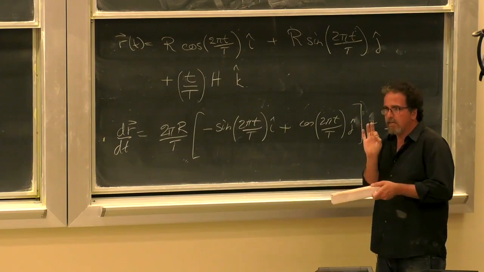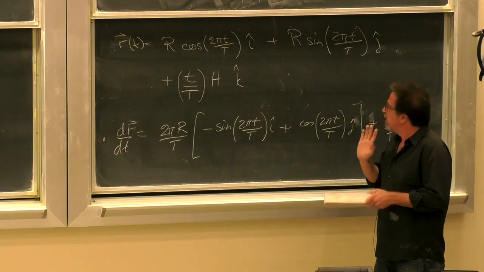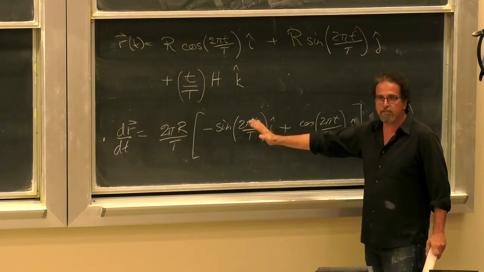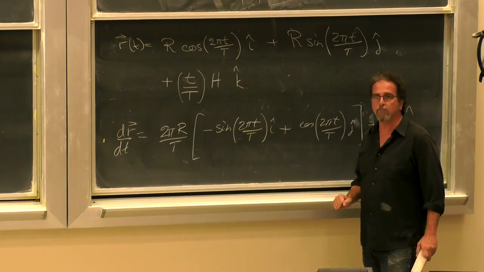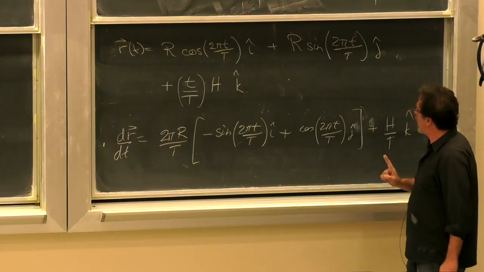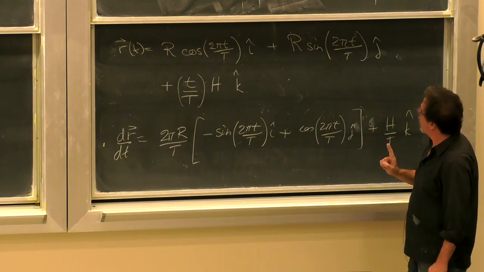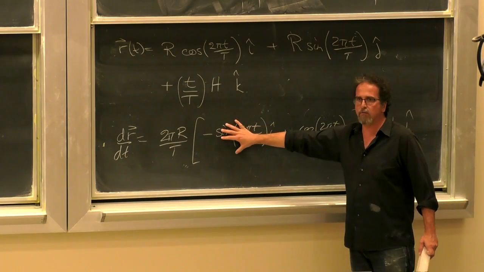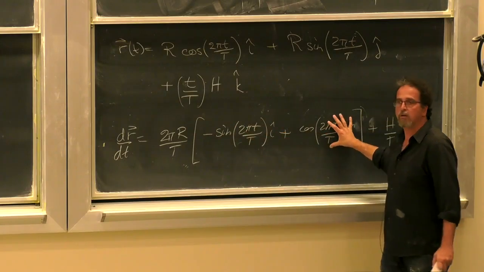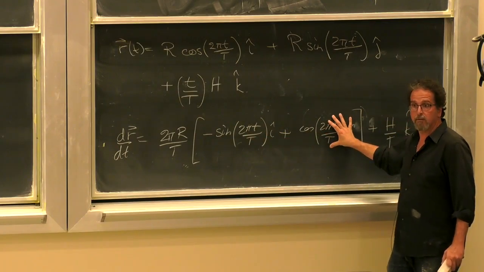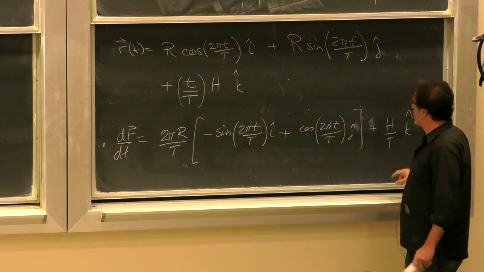But what's happening with this helix? It's the tangent vector. Let's imagine evaluating this tangent vector at time t equals 0. What happens at t equals 0? Well, at t equals 0, this part is 0, and this part is 1. Okay?